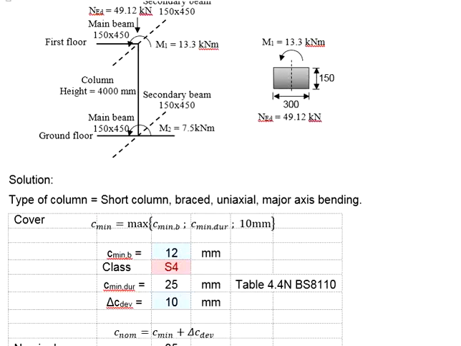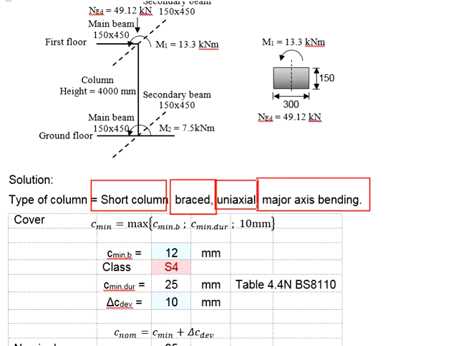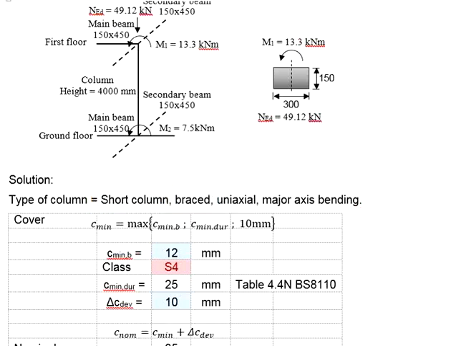Based on the information given in the question, we know that this is a short column in a braced structure, which is subjected to uniaxial moment, where it is acting in the major axis. Without further ado, let us start with the design process.